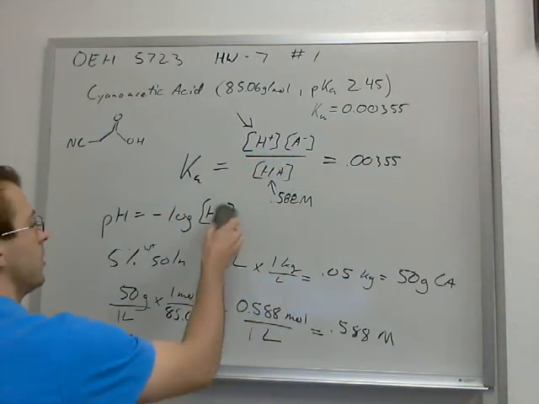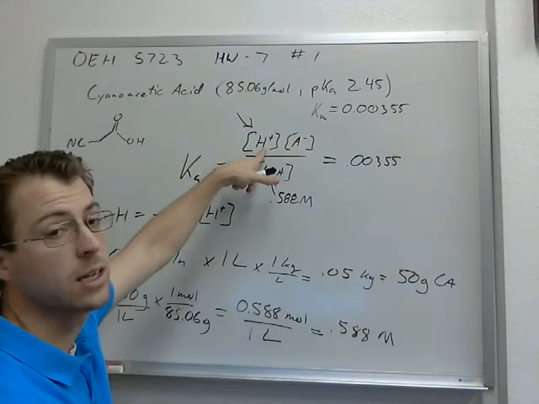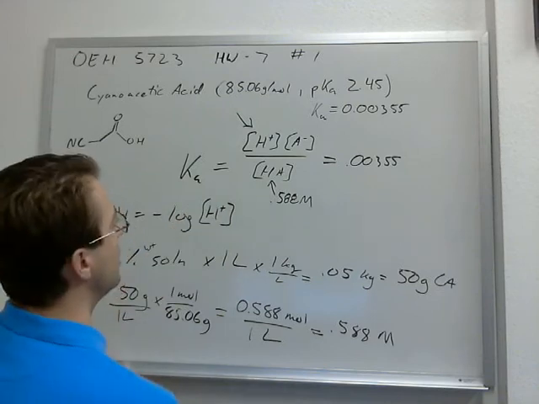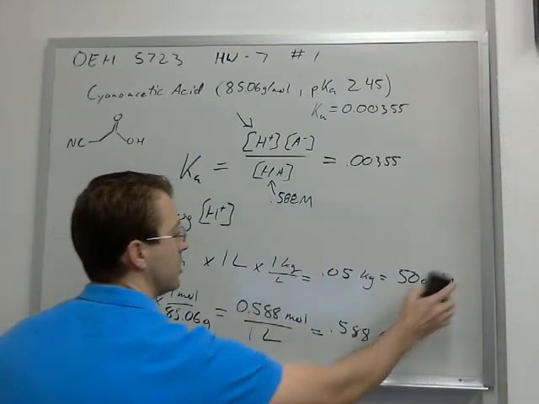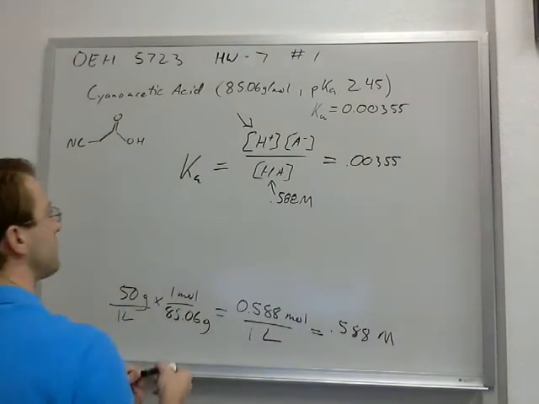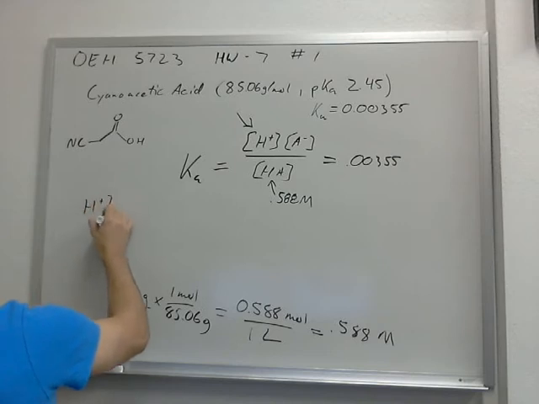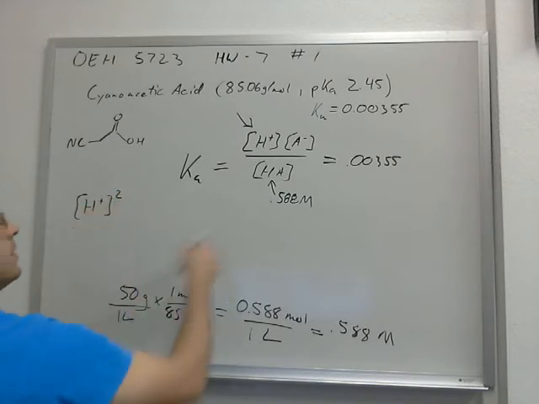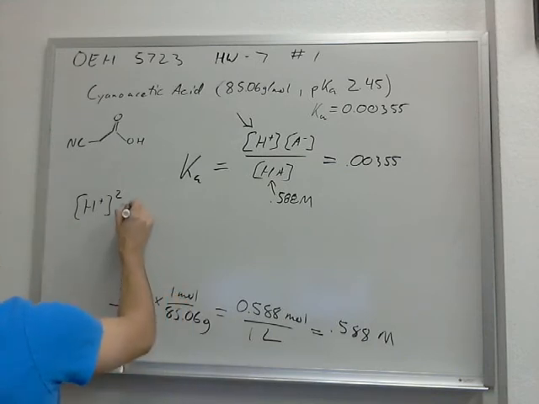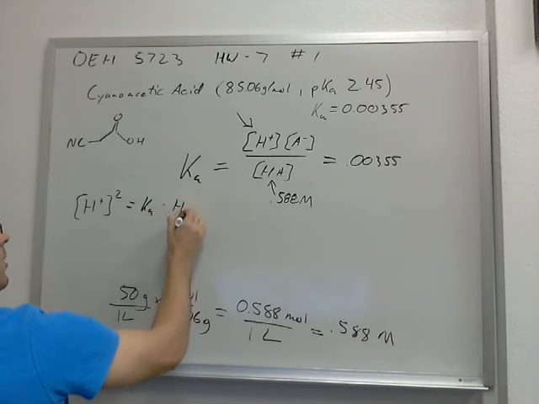And so the way we're going to find our hydrogen ion concentration is just recognizing that this concentration is equal to this concentration, and just call it H, hydrogen ion concentration squared. So we have H plus squared, since H plus and A minus are equal to each other, and that equals our Ka multiplied by our HA.